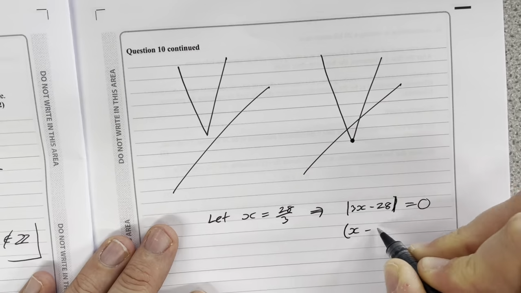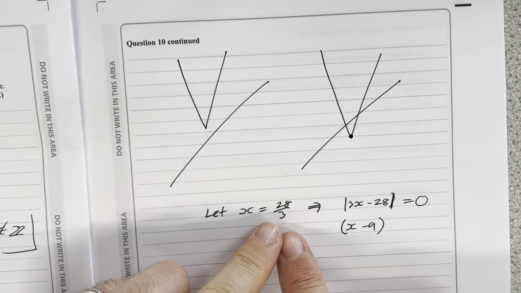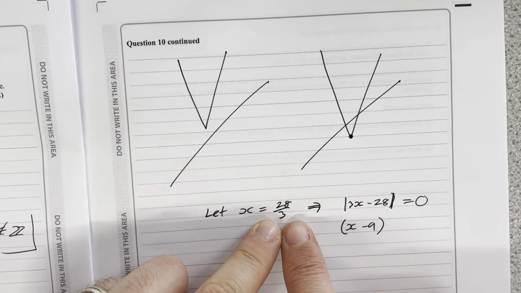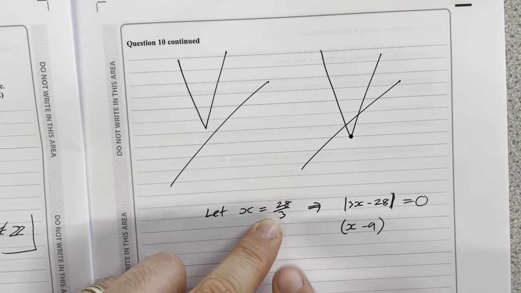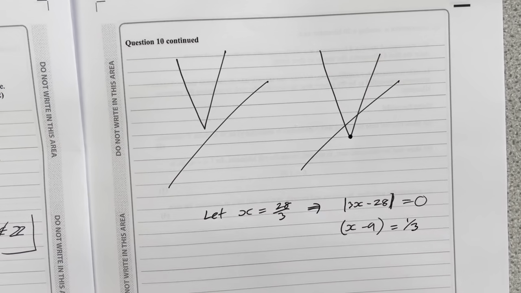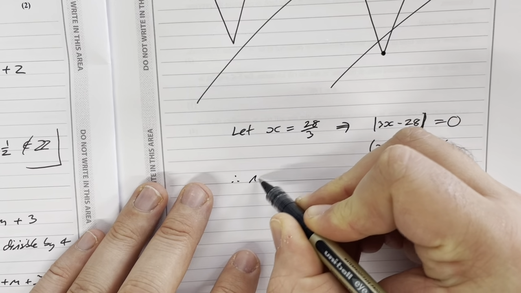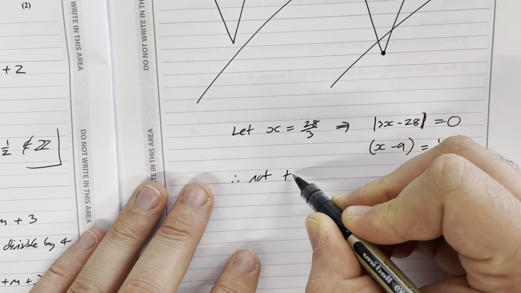But also x minus 9, well, I need to calculate that. So we're going to get 28 thirds minus 9, well, 9 is 27 thirds, so that is then a third. Aha, it's not true when x is 28 thirds.